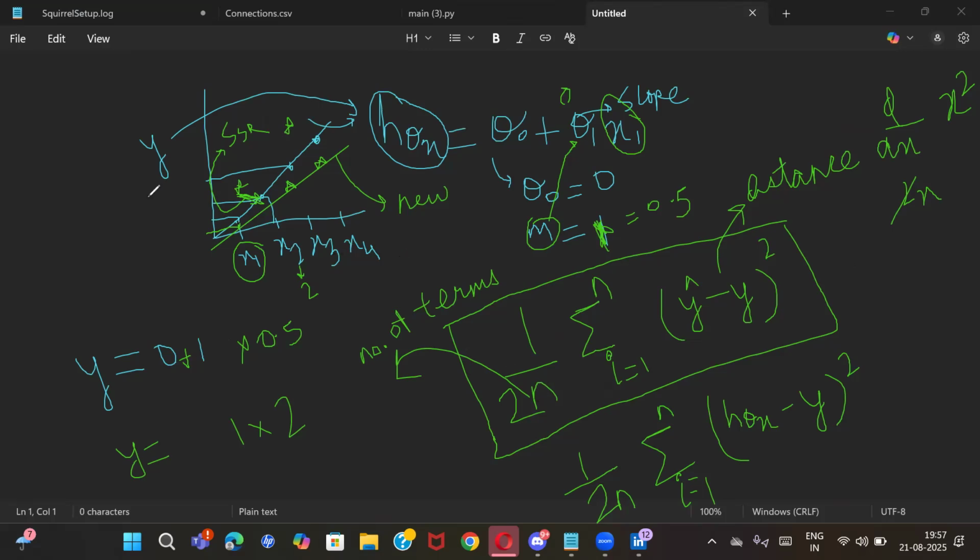So how will you create the J theta graph then? This is my new graph, and here it will be my J theta.